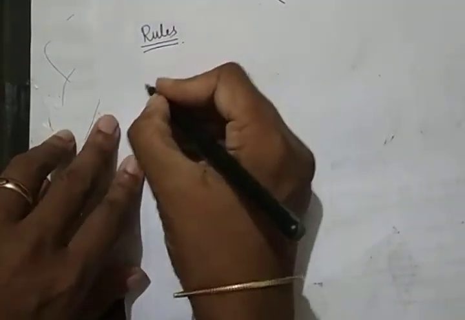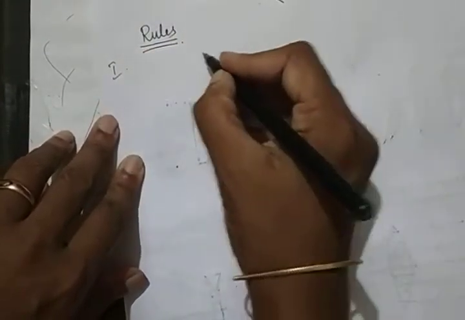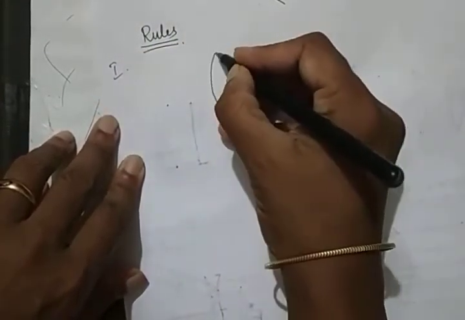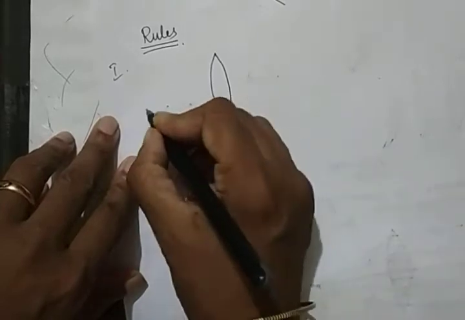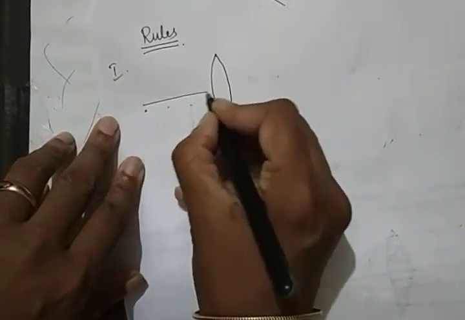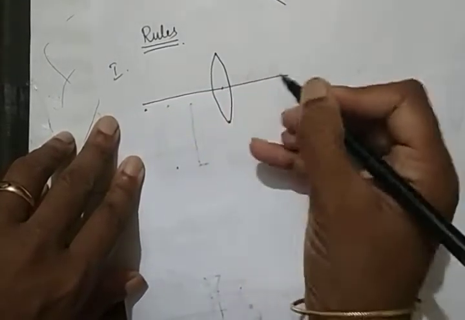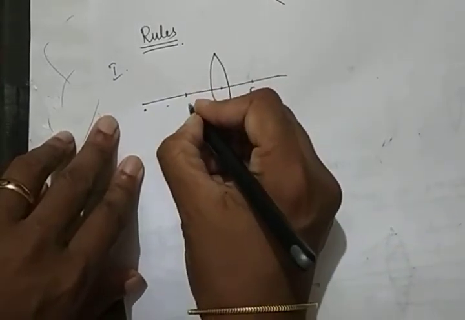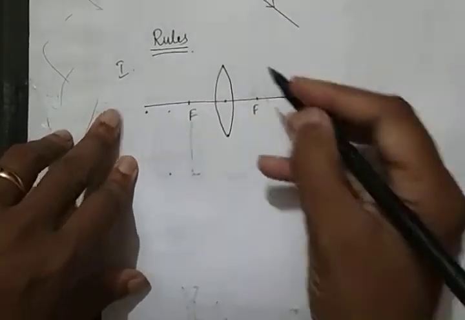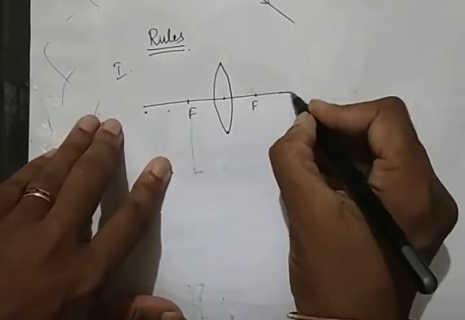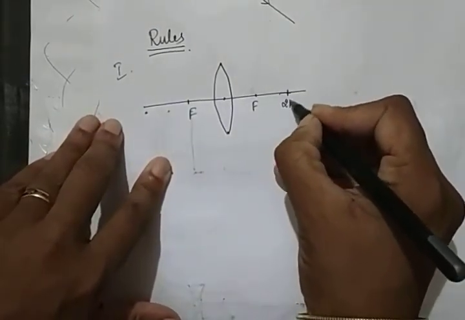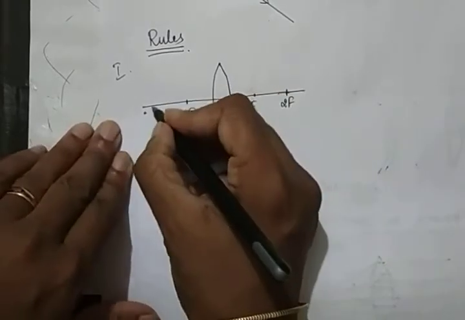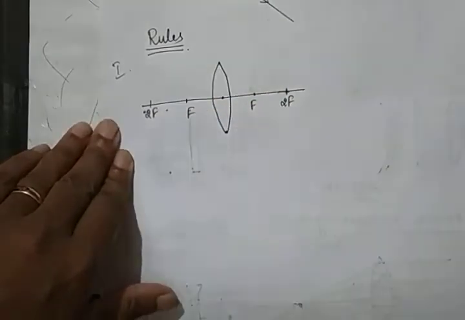First rule, any ray parallel to the principal axis, so this is your principal axis, and this is your focus. Both the sides you will have focus. And 2F, you won't write C here, we write 2F.